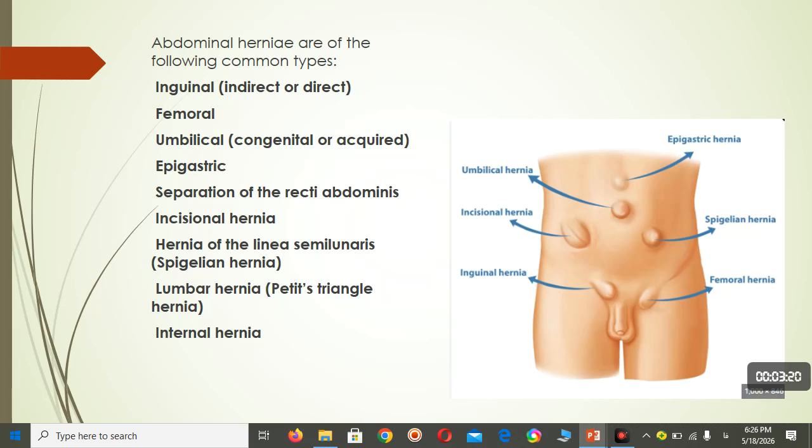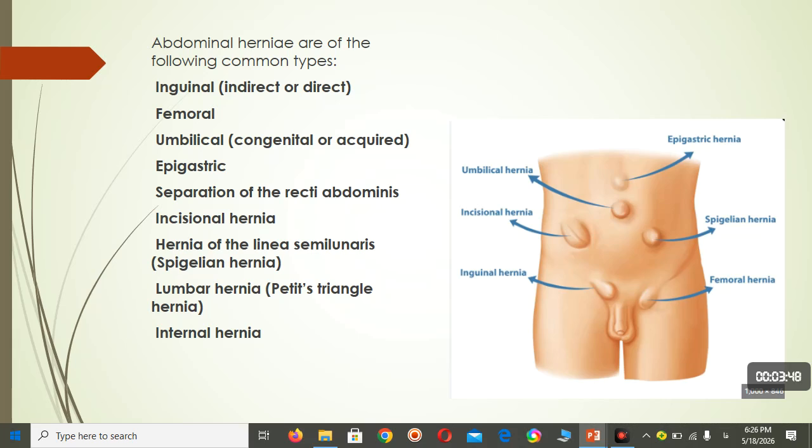Or maybe here we have the lateral border of the rectus. The name of this lateral border is semilunar line, linea semilunaris. When we have a hernia in the semilunar line, it is named Spigelian hernia.